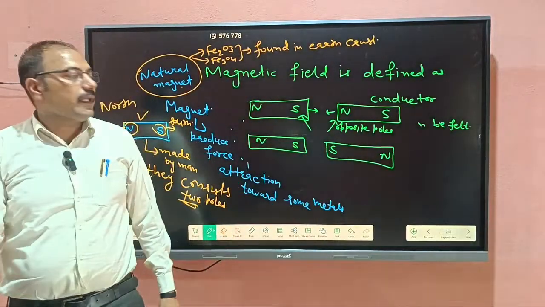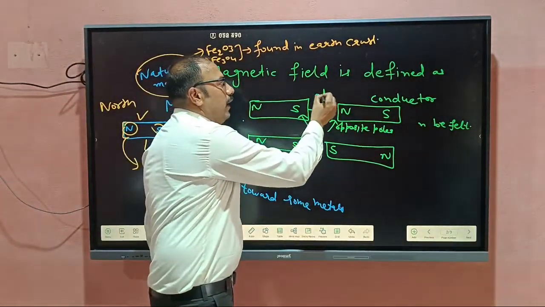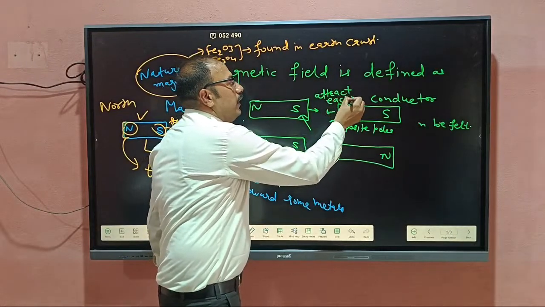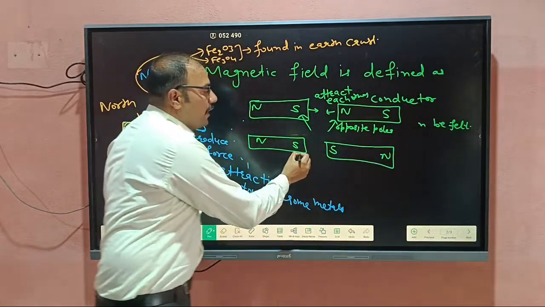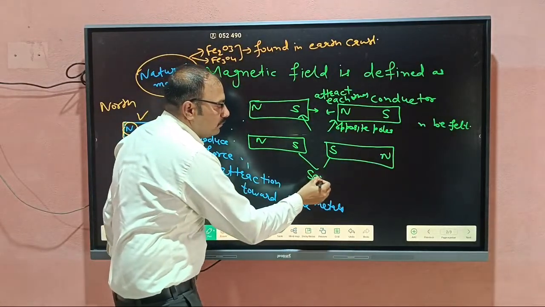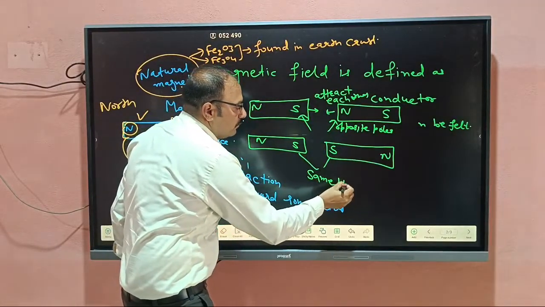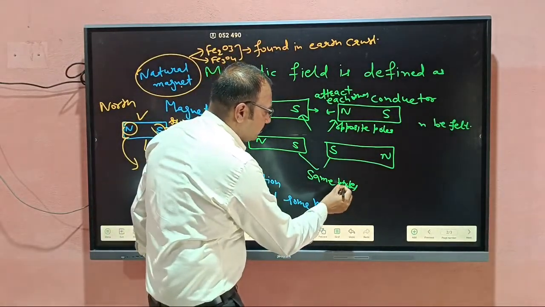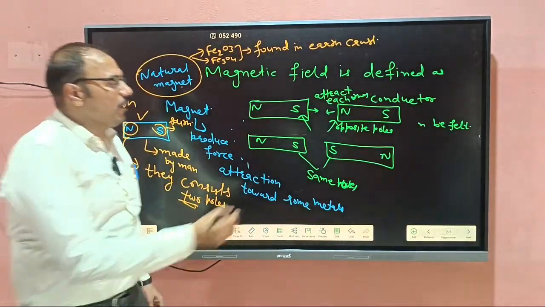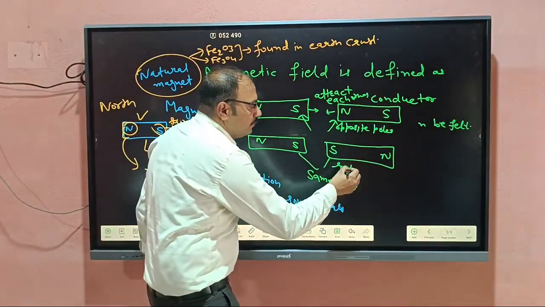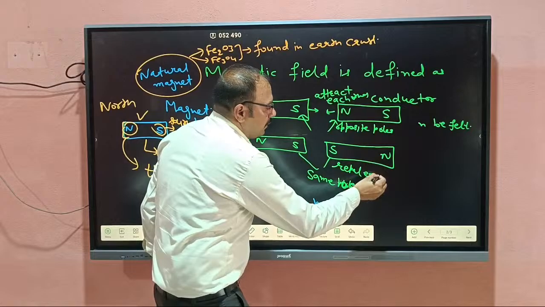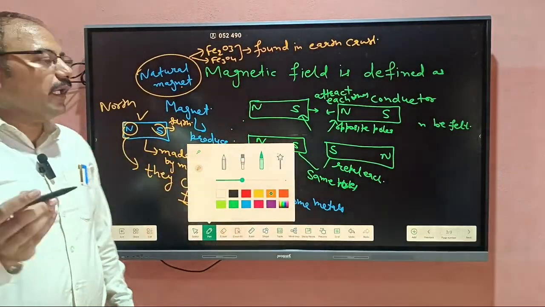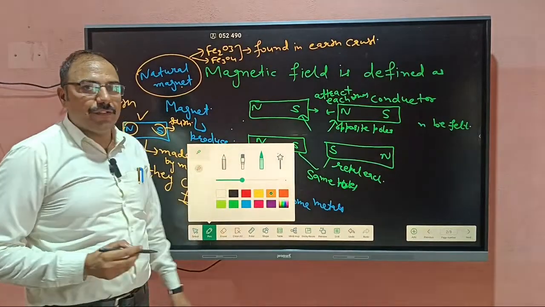Opposite poles always attract each other, while these are the same poles. Same poles repel each other. So here we conclude that like poles repel each other and unlike poles attract each other.